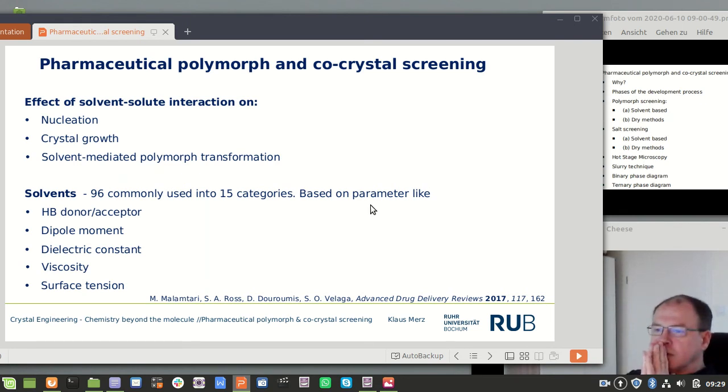But if you really want to figure out in detail the crystallization process and be sure that you have really checked the polymorphic behavior of your compounds, then it is necessary to look in detail at exactly such things: the solute-solvent interaction, and in detail which solvents you can use.